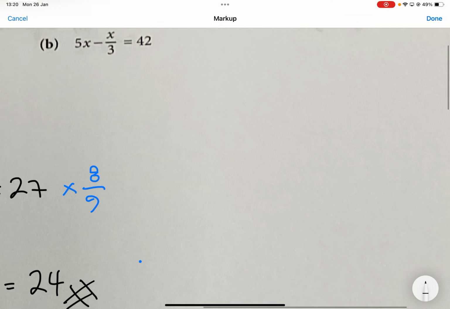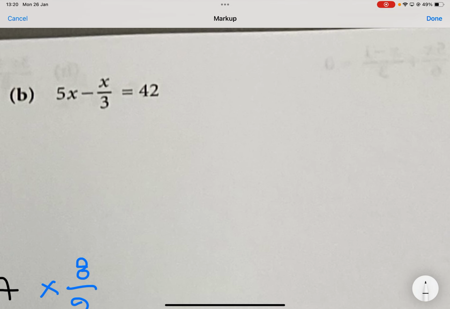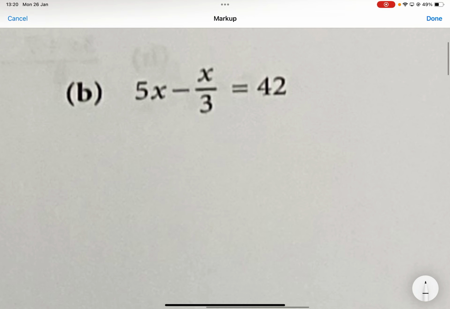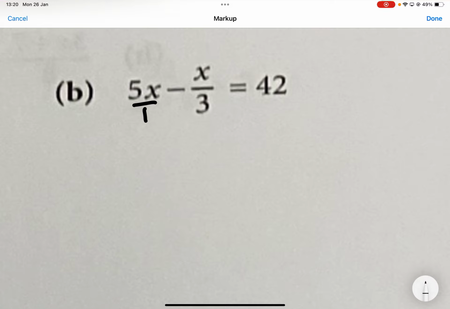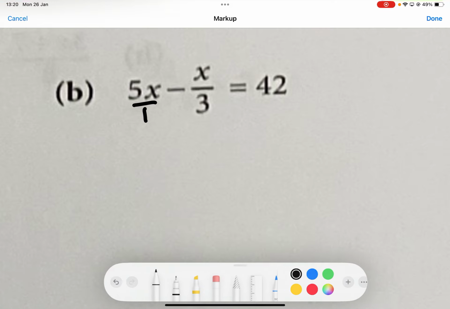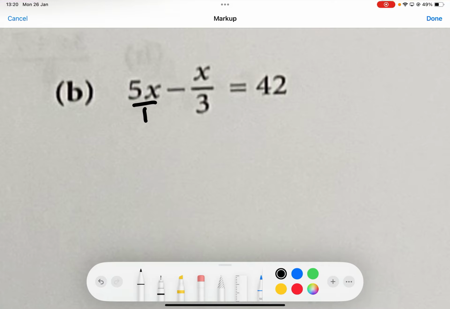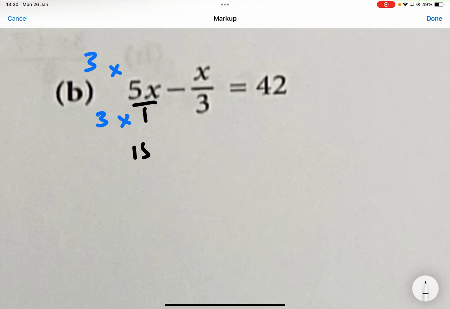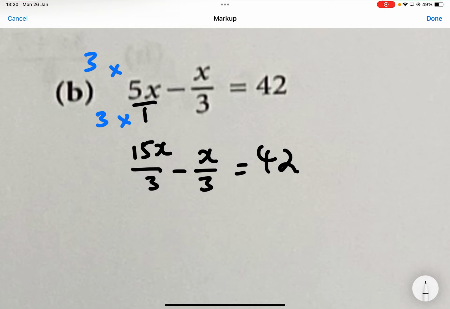Okay, for part B, you want to make a common denominator so that you can put your x terms together. So 5x is the same as 5x over 1. Meaning, if I want to add my two x terms together, I want to make a common denominator. I will have 15x over 3 minus x over 3 equals 42.